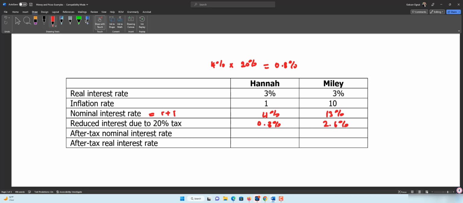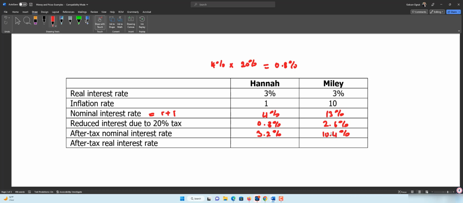Now we can find the after-tax nominal interest rate, which is 4 minus 0.8, because you need to subtract the tax. After-tax nominal interest rate is 3.2%. After-tax nominal interest rate here is 13 minus 2.6, which is 10.4%.